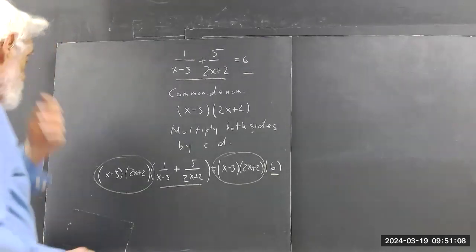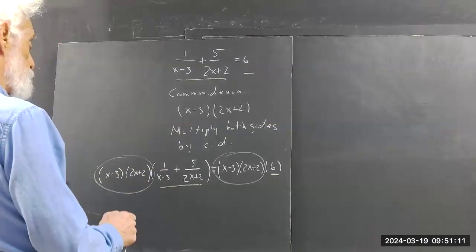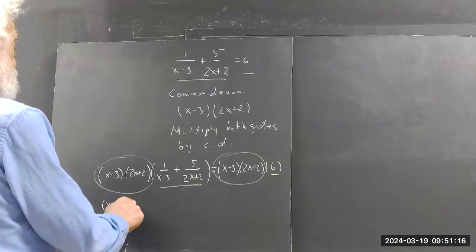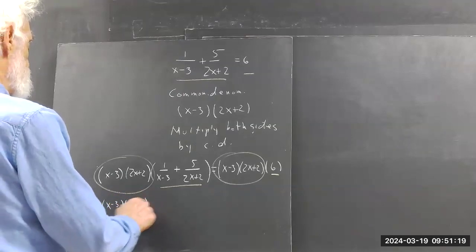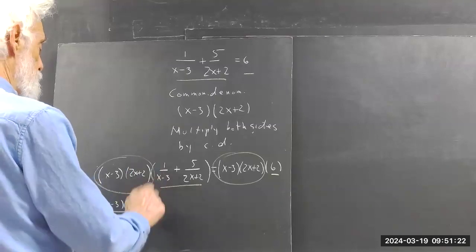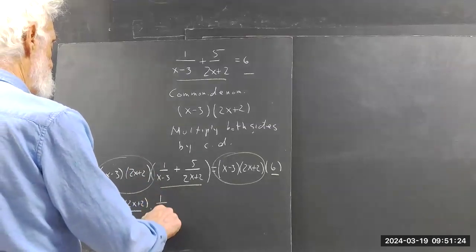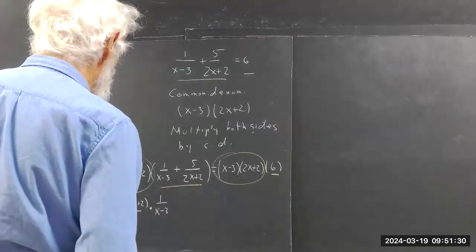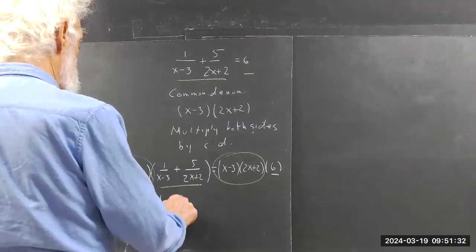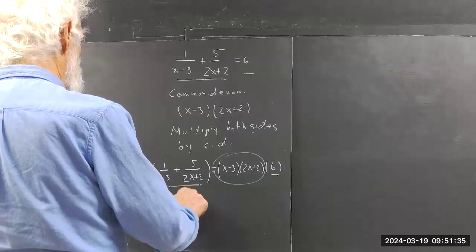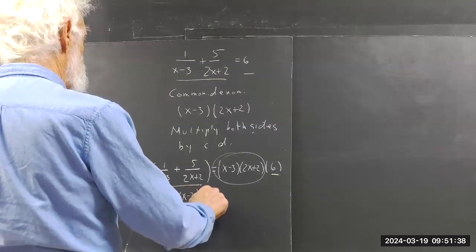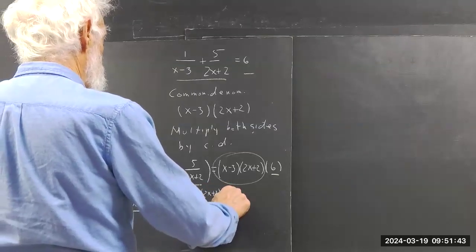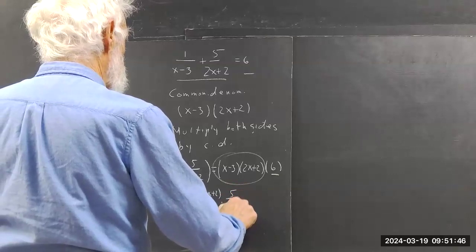Now, what this does, we multiply this by the 1 over x minus 3. So the ones we're going to have x minus 3 times 2x plus 2. And we'll put that over 1 since we're multiplying it by a fraction. And that's multiplied by 1 over x minus 3 plus x minus 3 times 2x plus 2 over 1 times 5 over 2x plus 2.